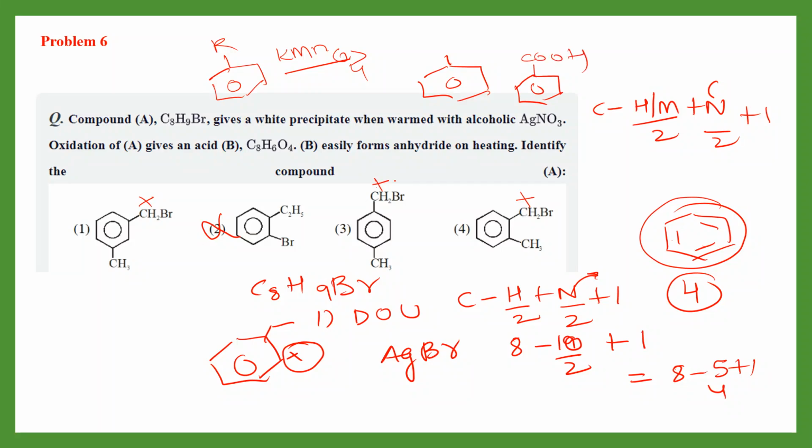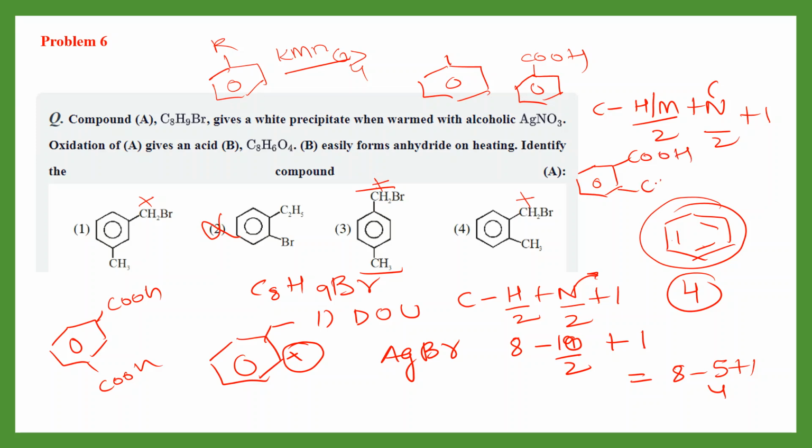So now can anyone tell me? And lastly, it is telling us it easily forms an anhydride on heating. So according to you, which option should be most appropriate? In option 1, both the acids are going to form here. In option 2, at the para position. And in option D, it is going to form at the ortho position.